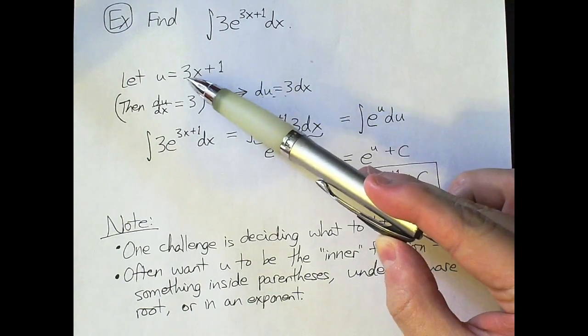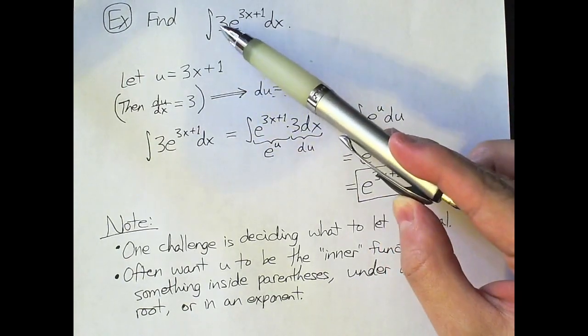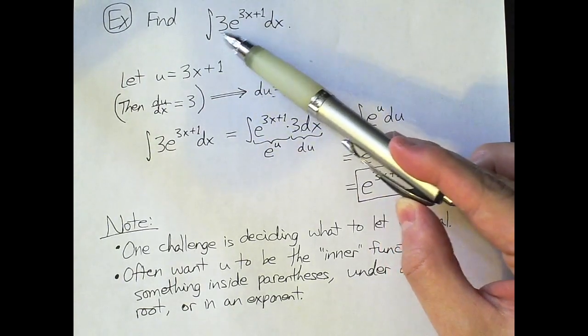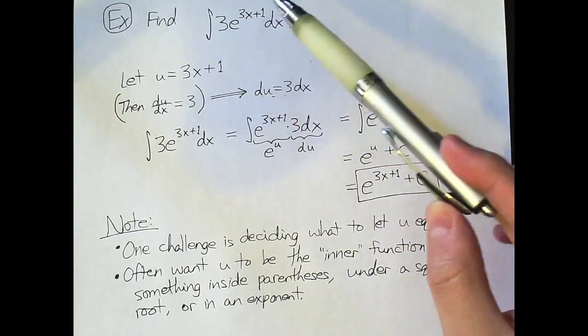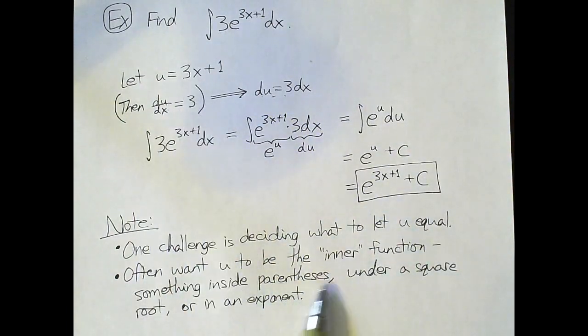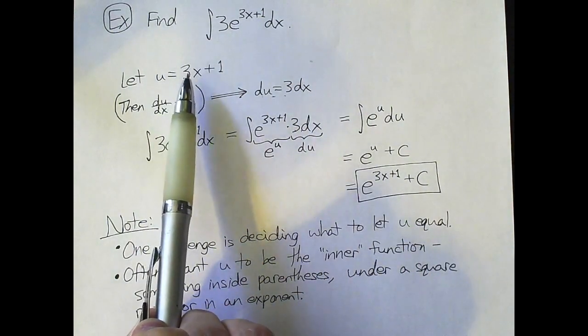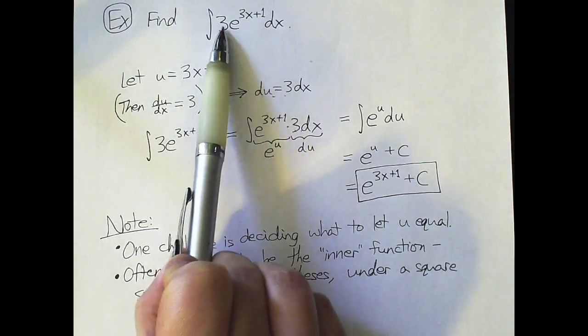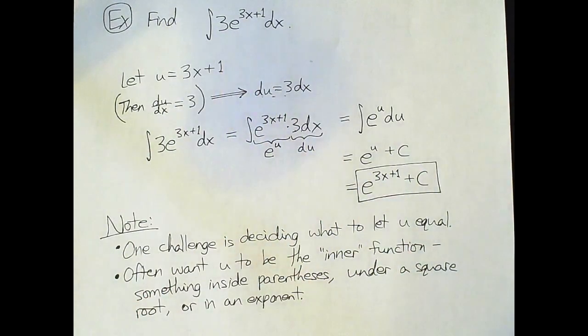The derivative of 3x plus 1 is 3. And a 3 appears in the original problem. So that's what makes this work out. So you look for something that is probably an inner function. But not only that, its derivative appears, and that's what's going to make this substitution work out.